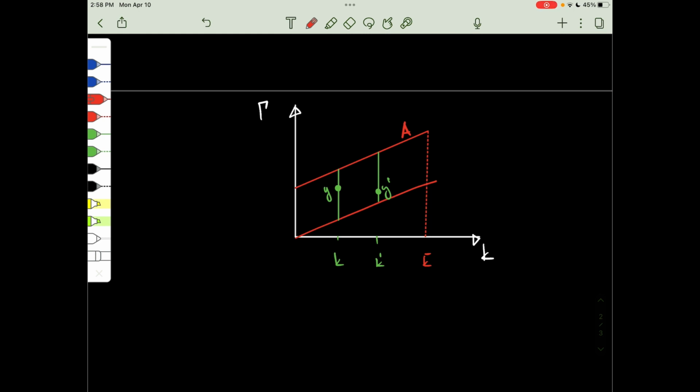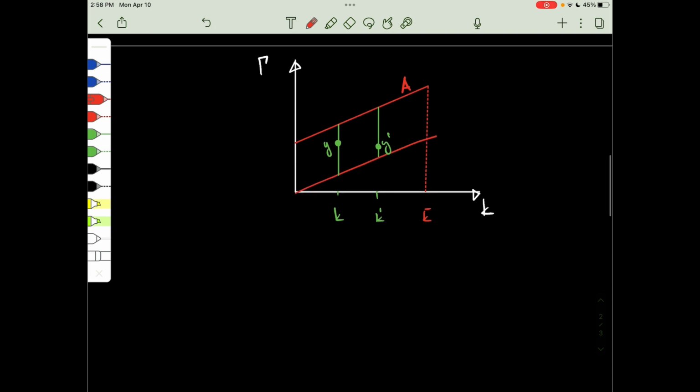So it is obvious that it is convex, but in mathematics sometimes we need to demonstrate the obvious. So let's try to show precisely that gamma, the correspondence, is convex.